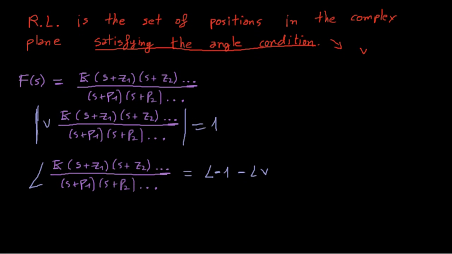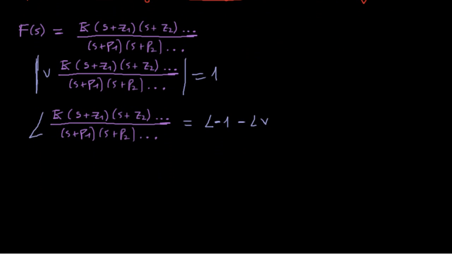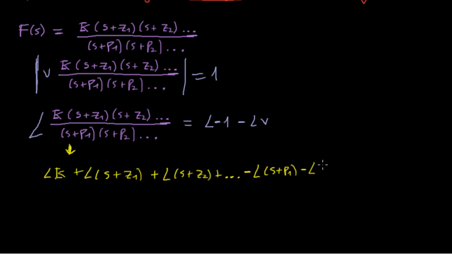But the angle condition, which is the one defining the root locus, we can work on it, because this, by applying the properties of the complex numbers, is just the angle of k, of capital K, plus the angle of s plus z1 plus the angle of s plus z2 plus all the other angles in the numerator minus the angle of s plus p1 minus the angle of s plus p2 minus all the rest of angles given by the poles.